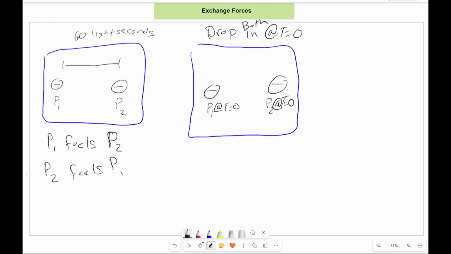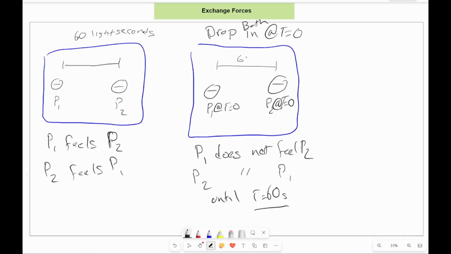So anyway, if they both get dropped in at t equals 0, I'm pretty sure everybody here would agree that P1 doesn't feel P2 until, right? Basically, until there's been 60 seconds and there's enough time for the influences to travel the distance of 60 light seconds, we wouldn't know about the other.